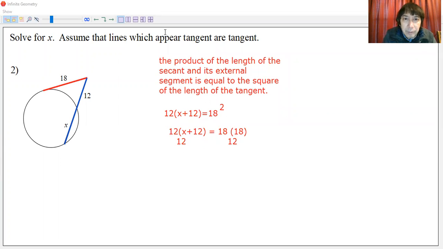Let's change this back to red. Let me check that.